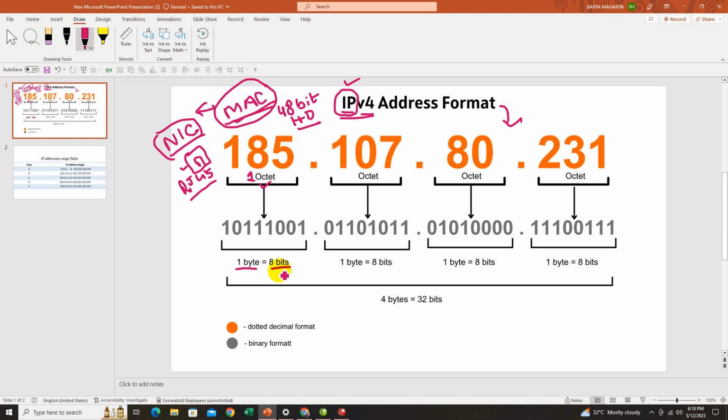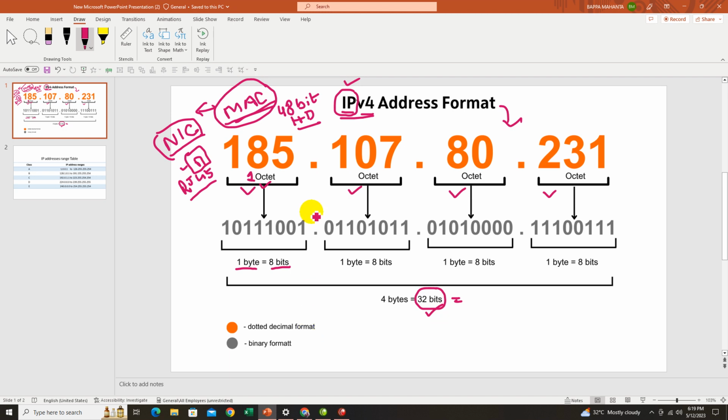So this is the first octet, the second octet, the third octet, and the fourth octet. 8 bits plus 8 bits plus 8 bits plus 8 bits means a total of 32 bits, and that is the size of IP version 4. So IP version 4 is 32 bits in size. Remember that.